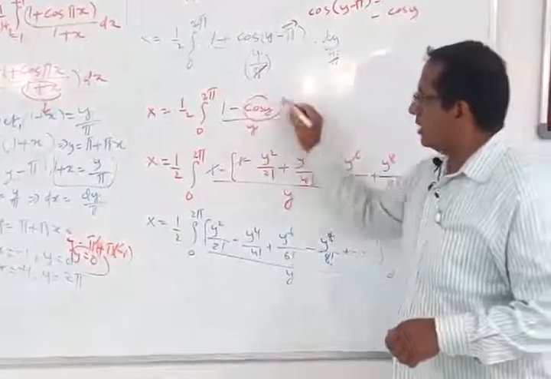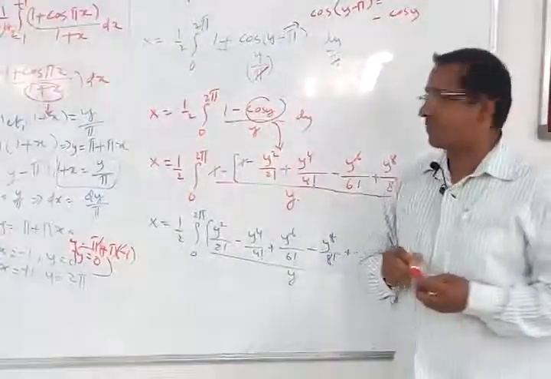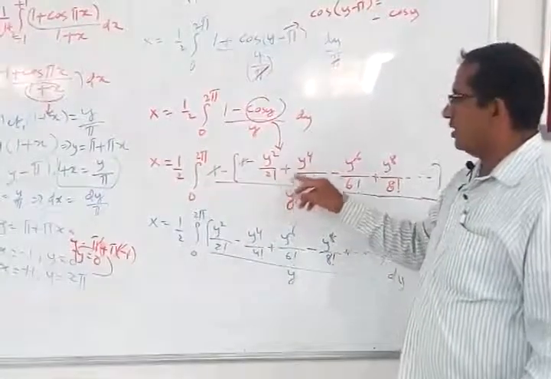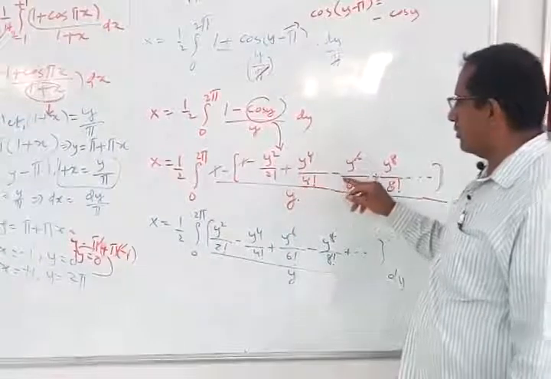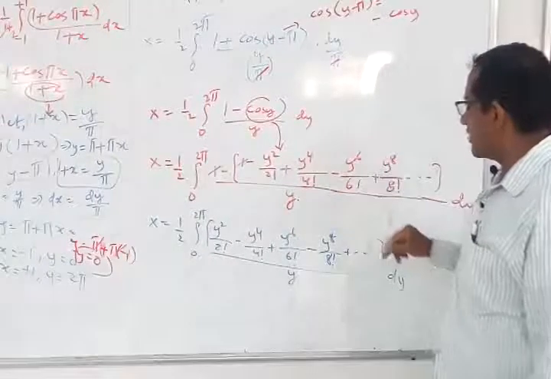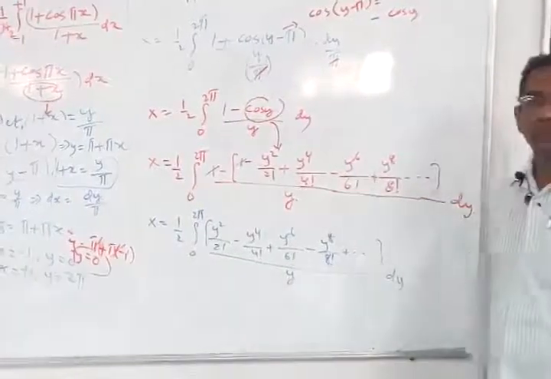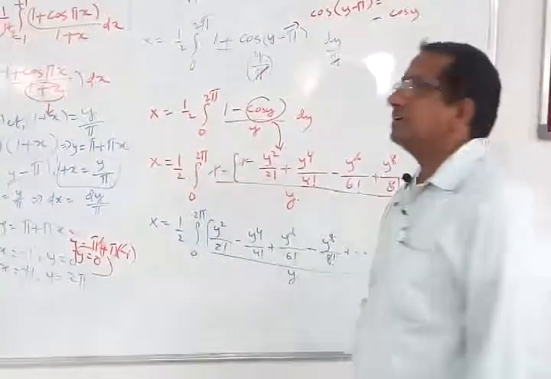For this cos y, I am representing the expansion: 1 minus y square by 2 factorial plus y power 4 by 4 factorial minus y power 6 by 6 factorial plus y power 8 by 8 factorial. That means all even terms with alternate minus plus signs.